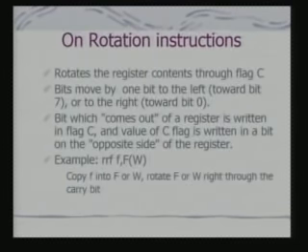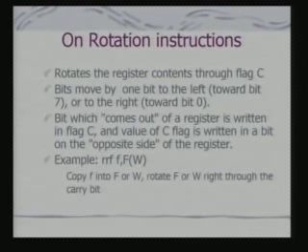We shall look at rotation instructions. Typically, a rotation instruction rotates a register's content through the flag C. So the carry flag is involved when we are doing the rotations. Bits move by one bit to the left or to the right, depending on whether you are doing a rotate left or rotate right instruction.